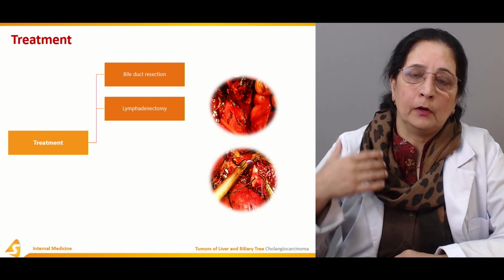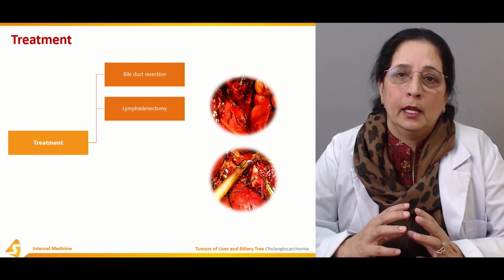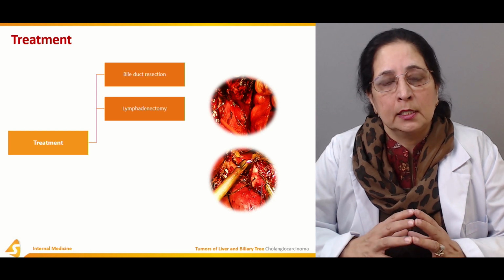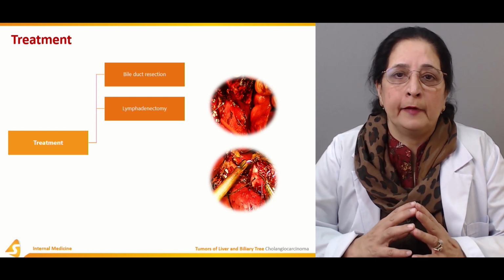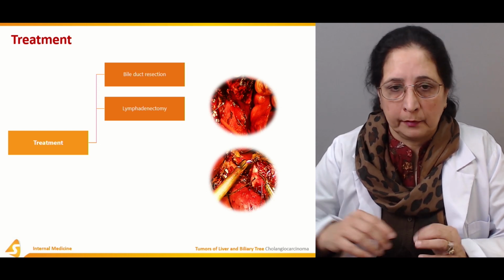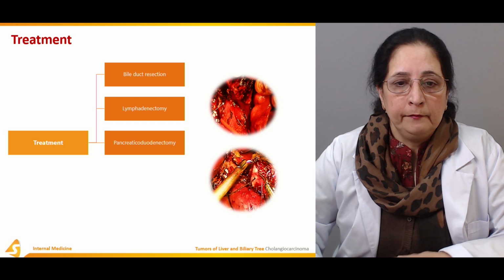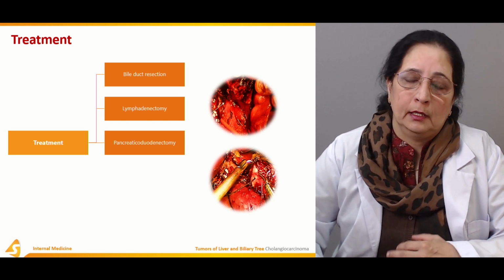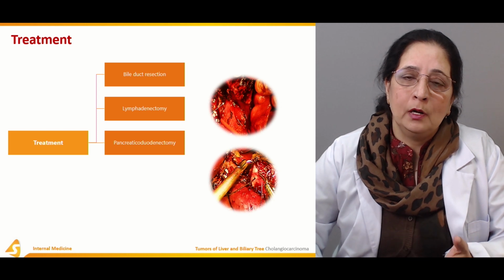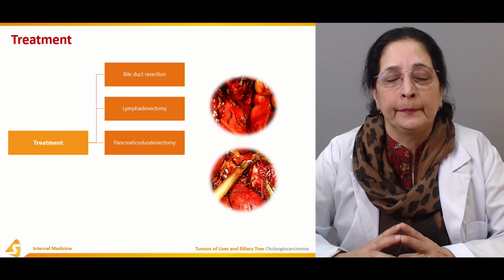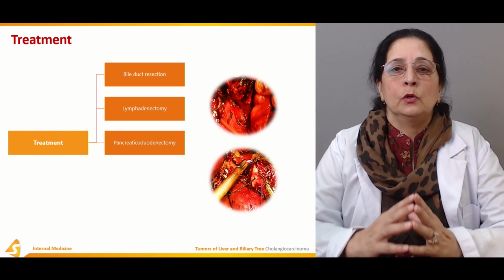Lymphadenectomy, removal of the lymph nodes if they are involved or if the tumor has metastasized. Then we have pancreaticoduodenectomy. Ectomy is removal, so the pancreas and duodenum are also removed.